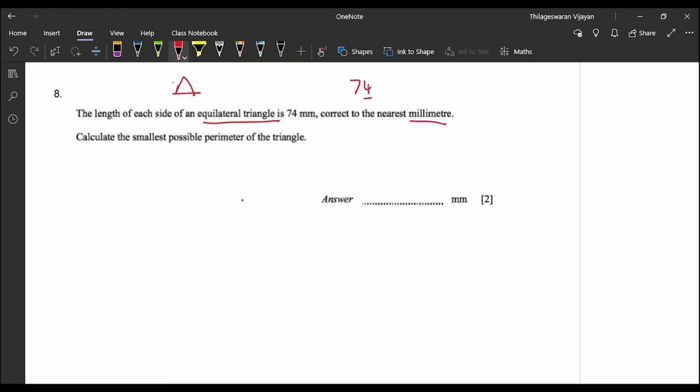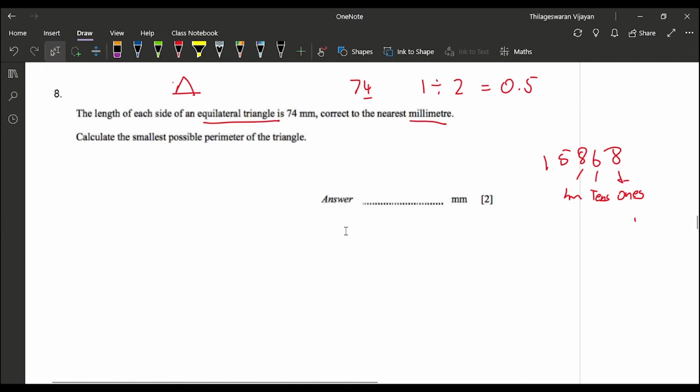So 74 to the nearest millimeter. We take the last digit, so the place value for this would be ones. So 1 divided by 2, you will get 0.5. Now what do I actually mean by place values? If let's say you have a number like 15868, this is your ones, this is your tens, this is your hundreds, and so on.